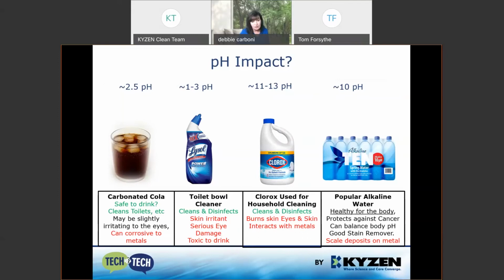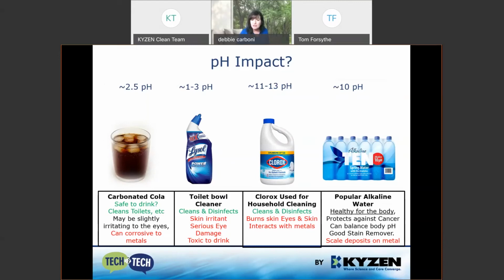Toilet cleaner, however, is not something I would recommend after a workout or any time. Likewise, Clorox and alkaline waters can be used to clean and disinfect surfaces, but I wouldn't recommend drinking either Clorox or Lysol, not because of pH, but because of those other ingredients in the products.